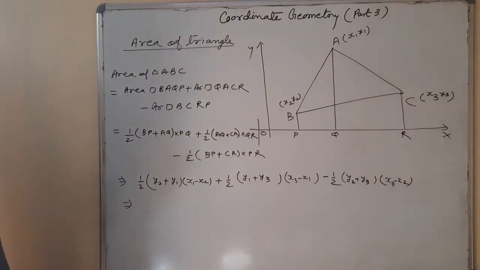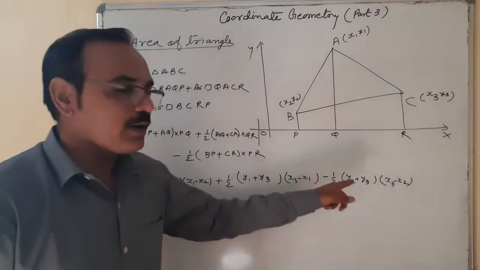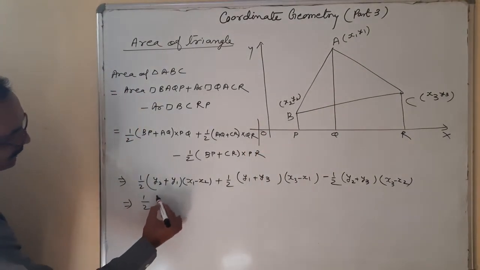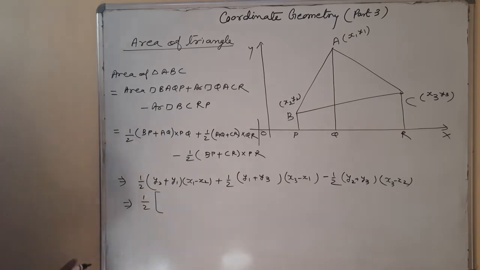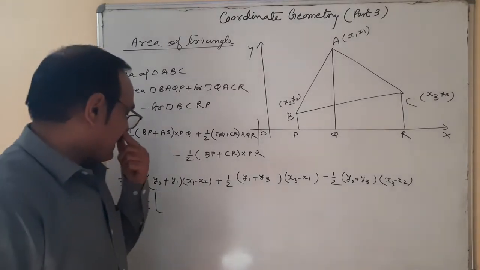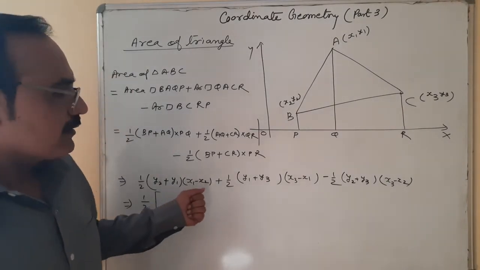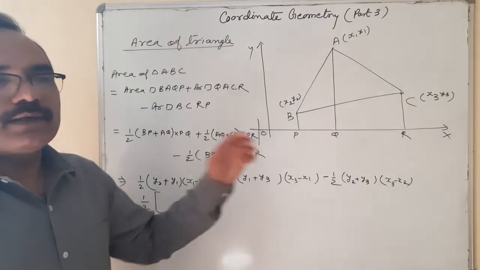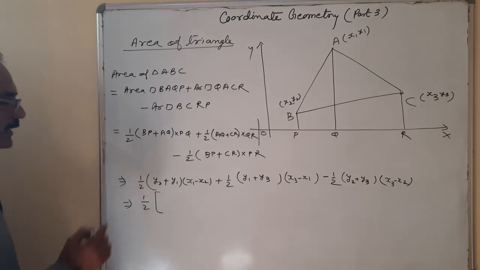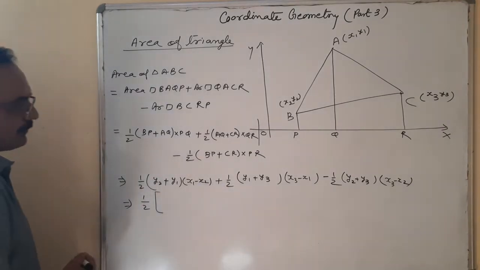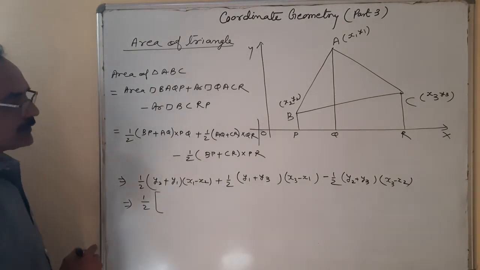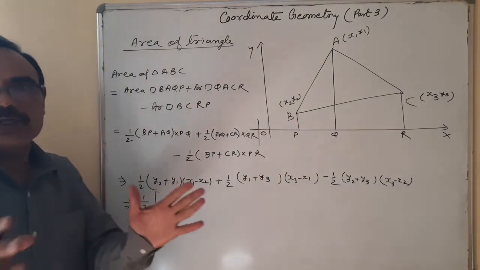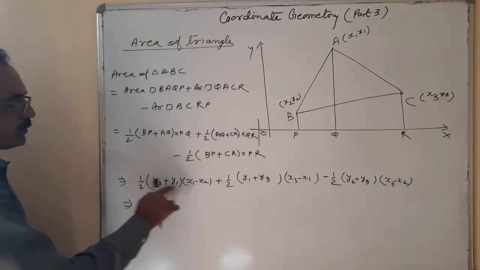After that, 1 upon 2 is common from everywhere, so I am taking 1 upon 2 common. Here I am simply multiplying all the terms and opening all the brackets. Here there are two brackets.